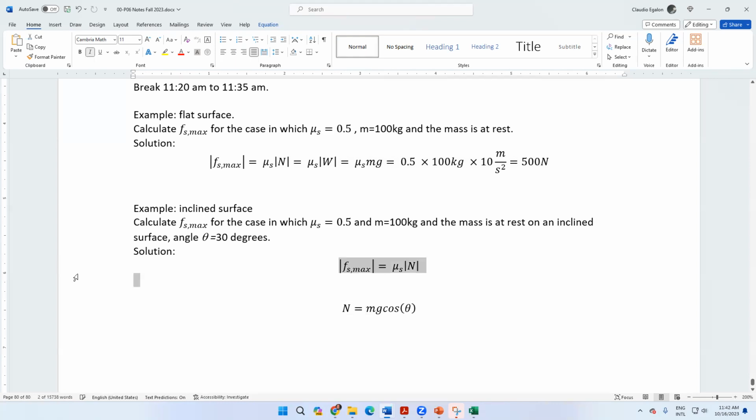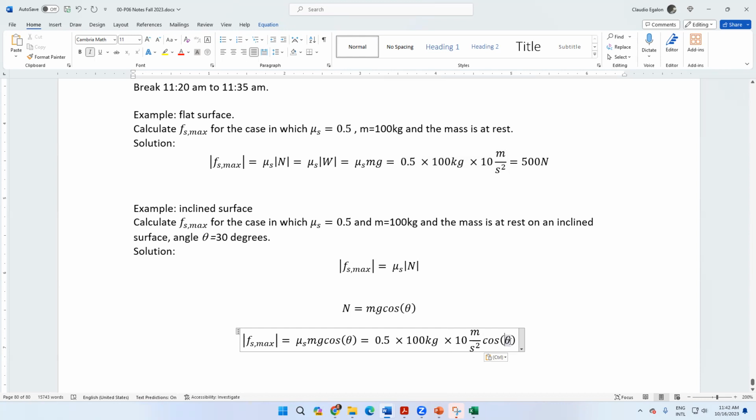Okay, substituting that, mu sub s is 0.5. I'm going to copy all of that. The only thing that's different is the 30 degrees.